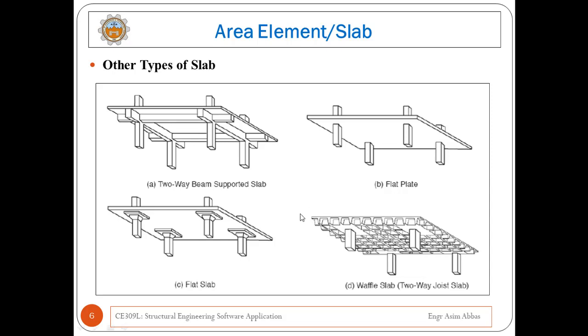The third type is the flat slab, and it is supported by columns, but the column is modified in the form of drop panel and column capital. The drop panel and column capital are provided in this kind of slab in order to overcome the punching failure. And the fourth slab type is the waffle slab, also called two-way joist slab, where the joists, or we call them ribs, are provided in both directions of the slab.